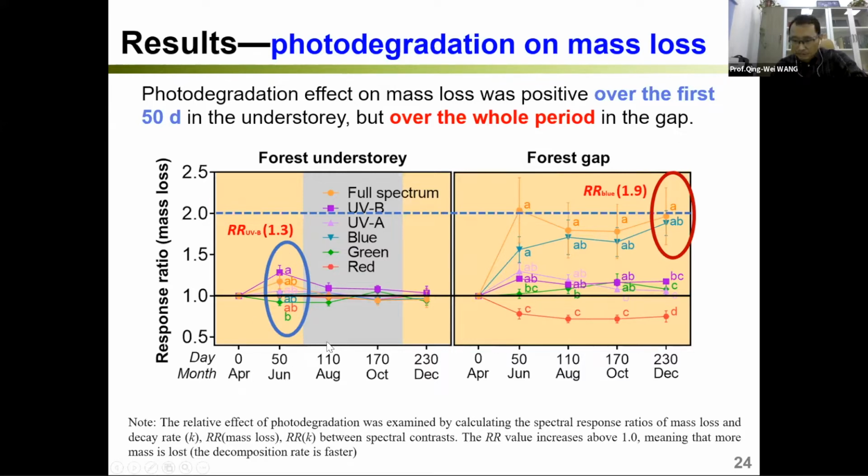But it's because UVB wavelength is much shorter and easily penetrates into the forest floor. But for the gap where sunlight is strong, the contribution of full spectrum and blue light to photodegradation was greater than others over the whole period.